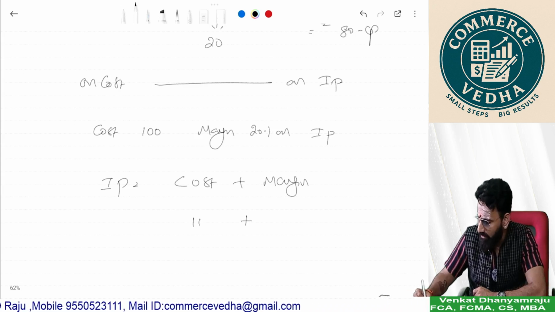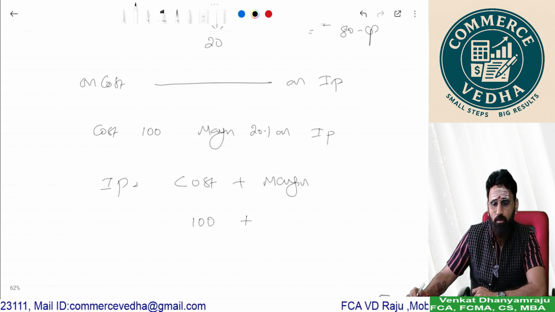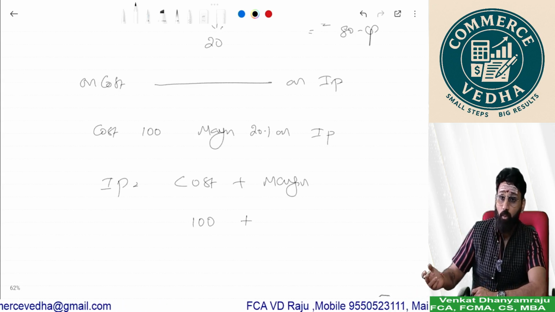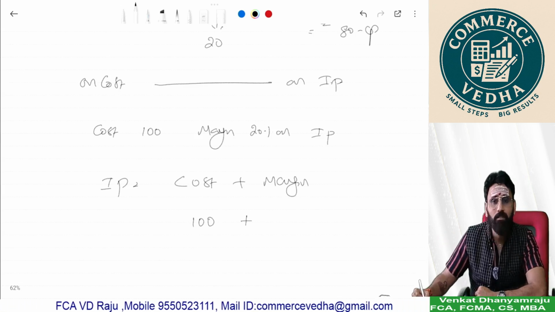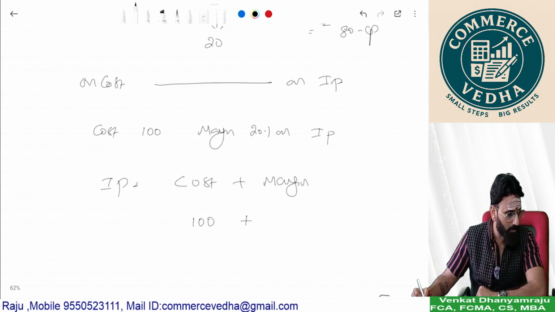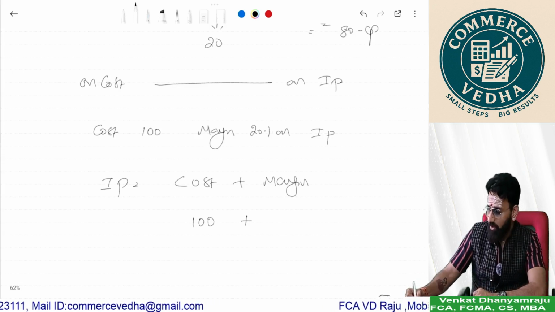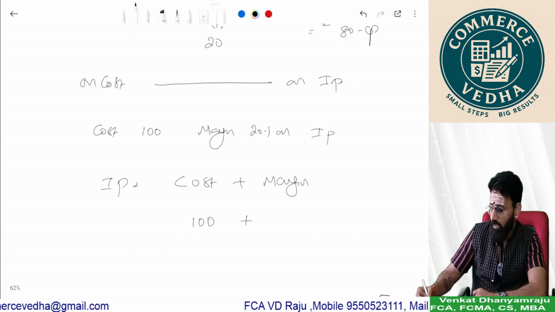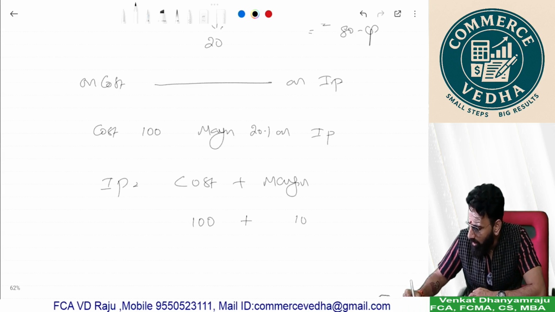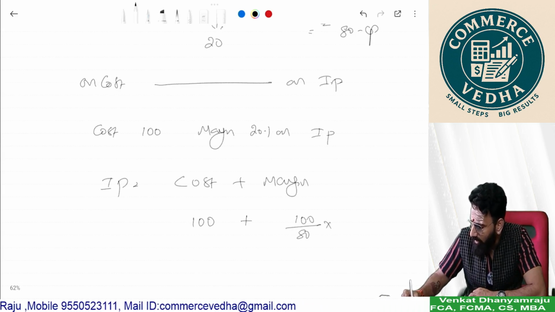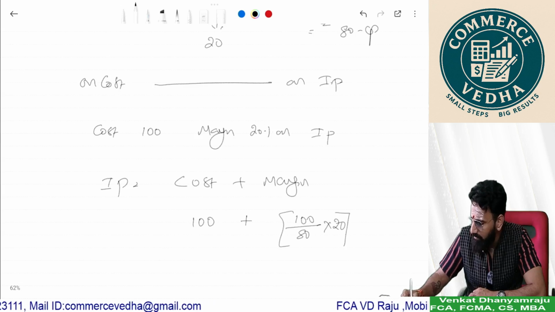Cost is 100 and margin you don't know. Margin is 20% on the invoice price. It means cost is 80% of the invoice price. If margin is 20% on the invoice price, cost will become 80%. So what is margin? Cost is at 80 and what is the margin at 20?